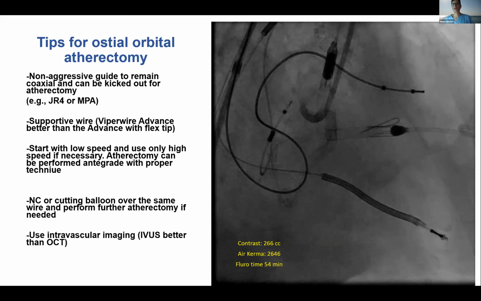The same is true for rotational atherectomy, the Rota extra support. That's the one lesion subgroup where I would be more likely to use the stiffer wire than the Rota floppy guide wire. Again, take your time, slow with orbital, back and forth with rotational, and make sure that it's well modified before you go in.